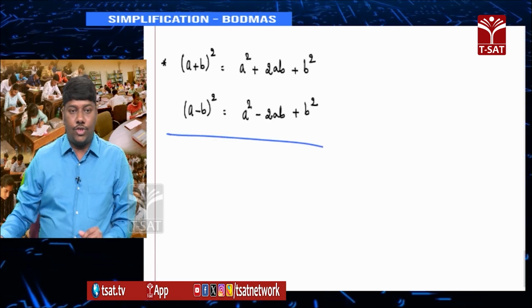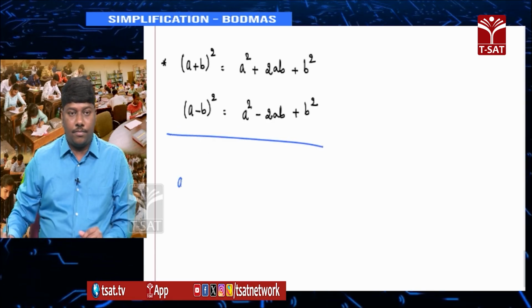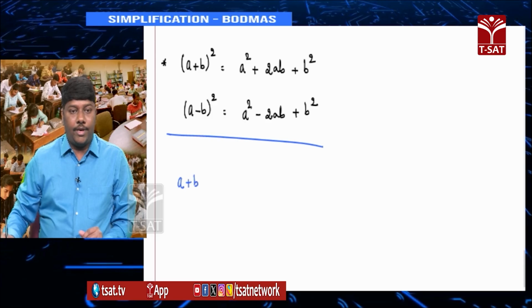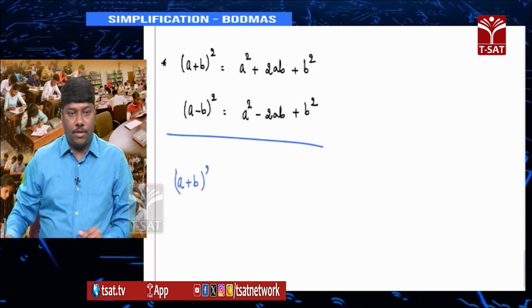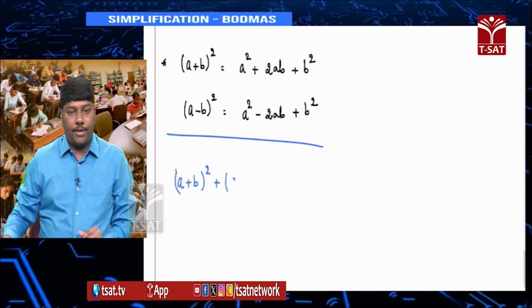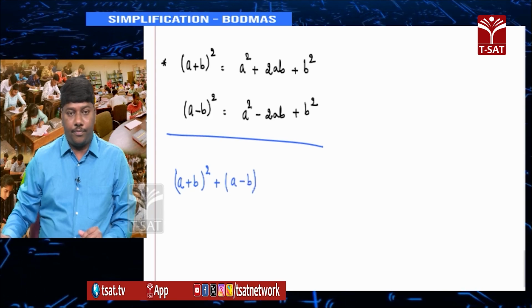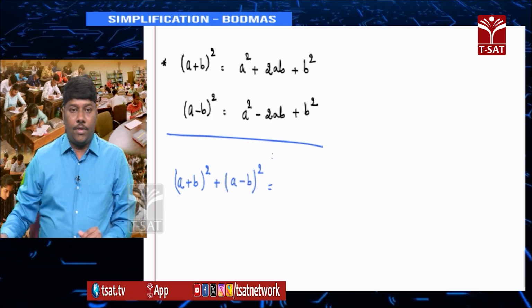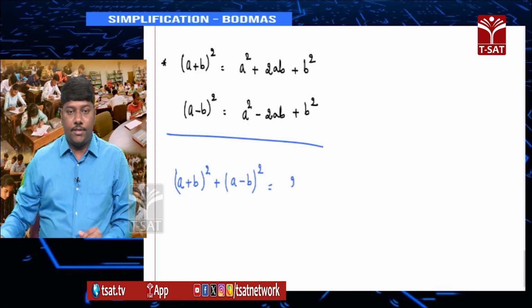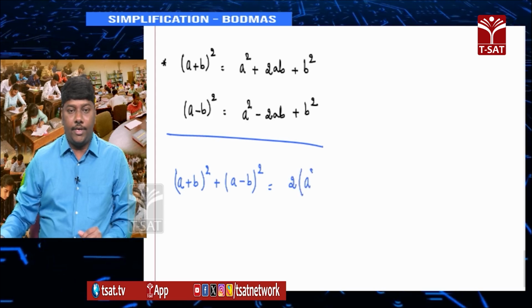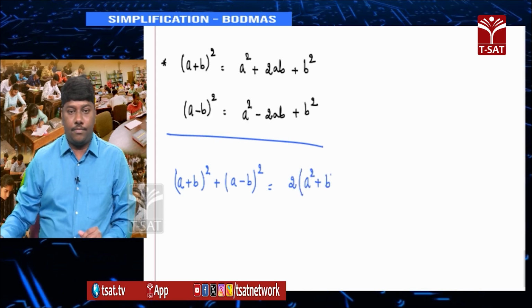If you add these two, a plus b whole square plus a minus b whole square, the minus 2ab and plus 2ab cancel, it is 2 into a square plus b square.